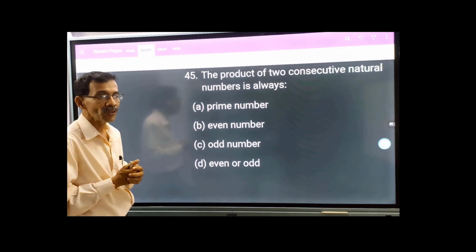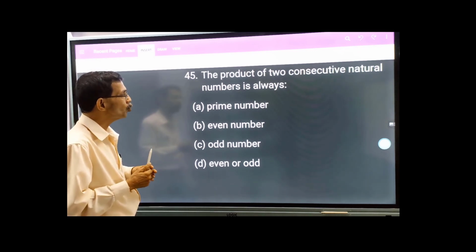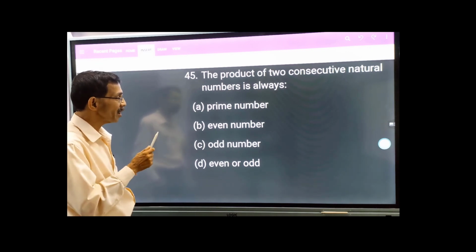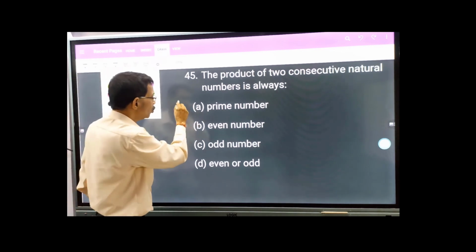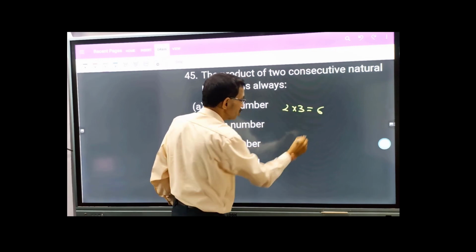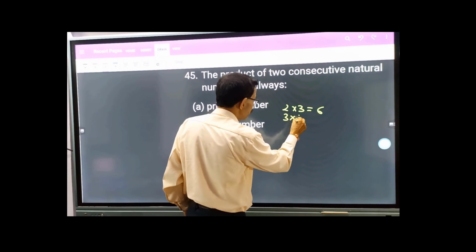In this section we will solve a general question. The product of two consecutive natural numbers is always. Now let us take, for example, two consecutive natural numbers, 2 and 3. The product of this is 6. Let us take 3 into 4.